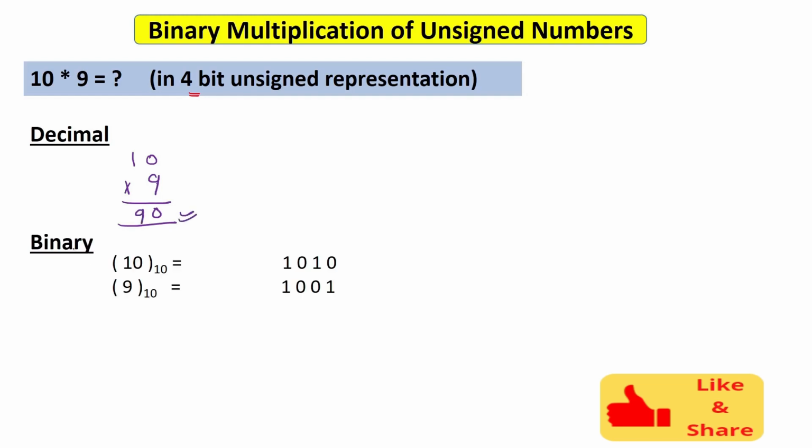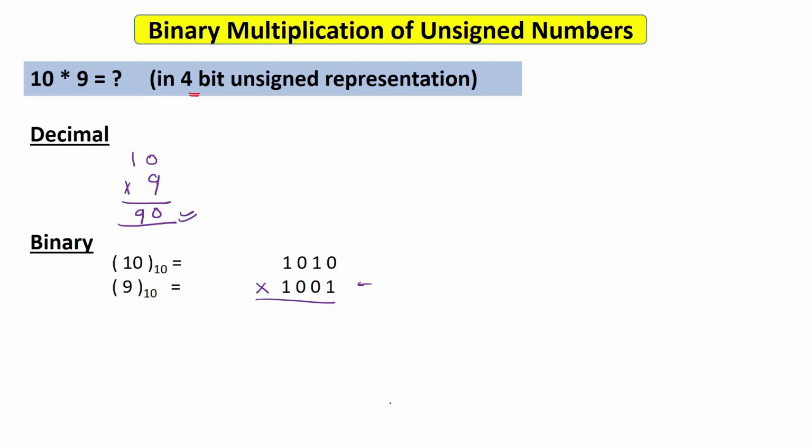Now if we have to multiply 10 and 9 by first representing them as unsigned numbers, these are the representation of 10, and 1001 is 9 in binary. If I multiply these two binary numbers, what answer should I be getting?